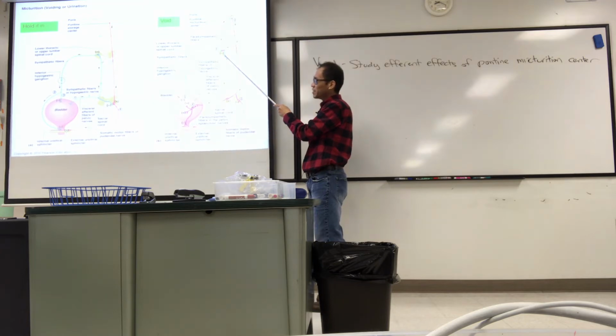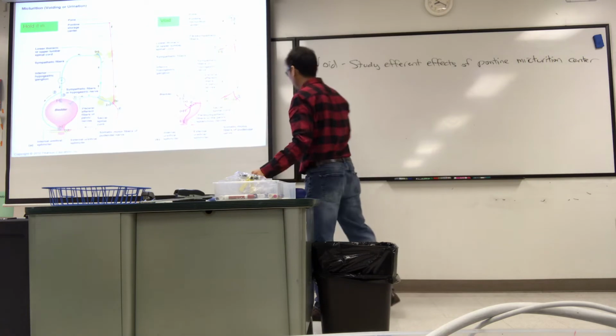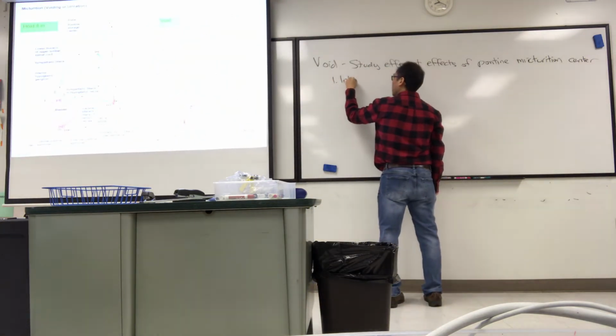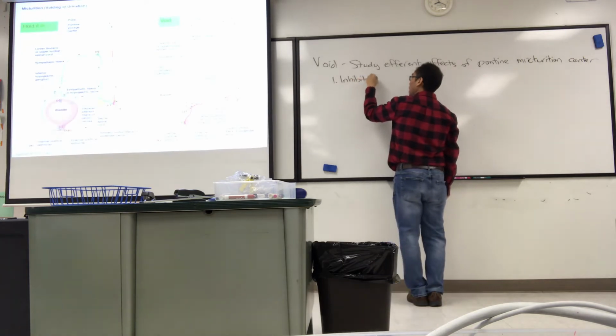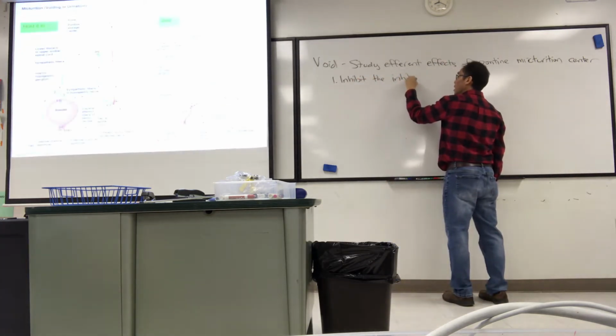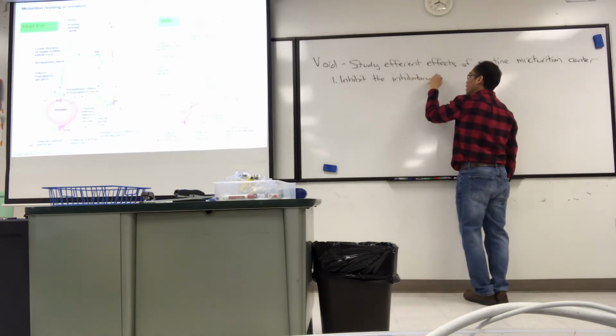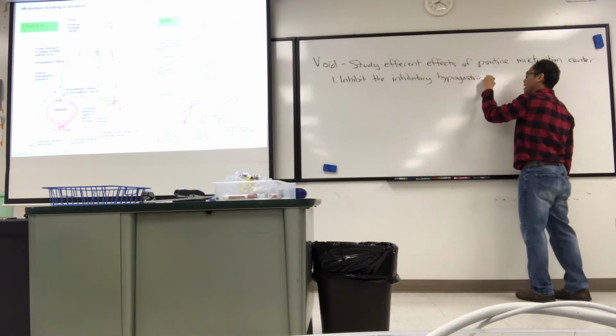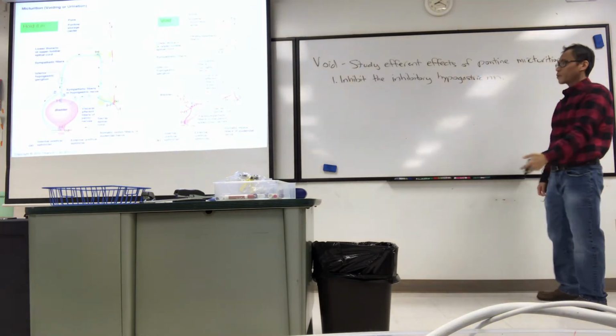So the phrase is you inhibit the inhibitory. Number one, inhibit the inhibitory hypogastric nerves. Because they were keeping you from going.